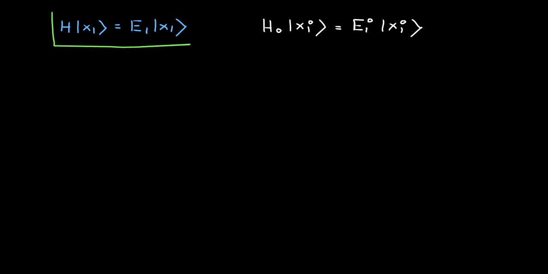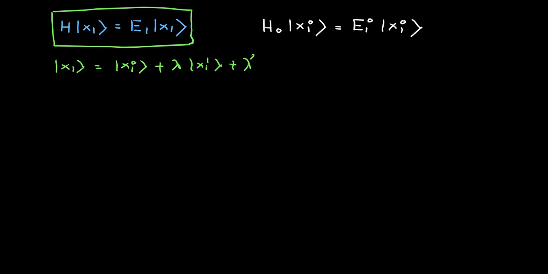Okay, that's the connection. And what we are planning to do is that we are going to use this equation and plug what we know. Okay, so what are the things we know? So I know that the state x1 is nothing but x1 0 plus lambda x1 1 plus lambda square x1 2.